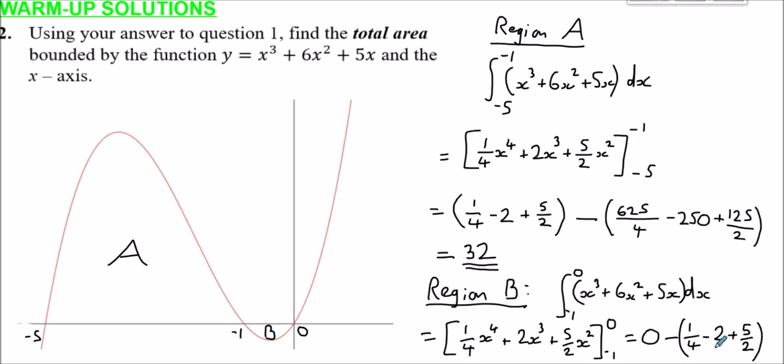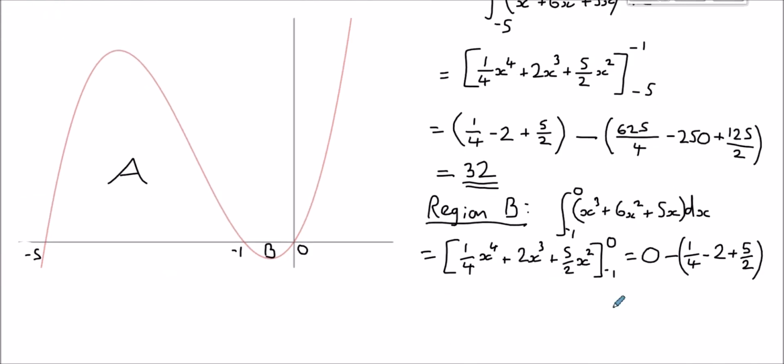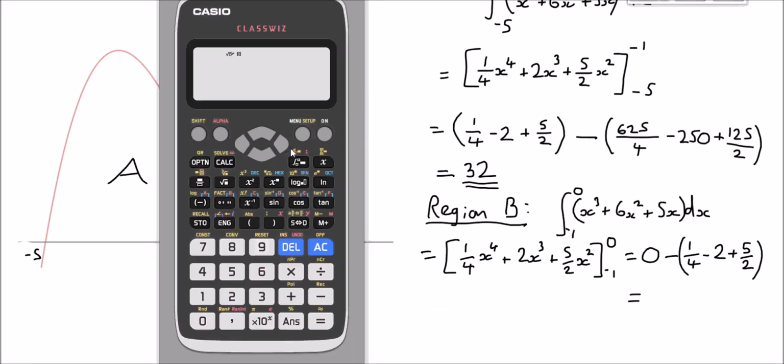So what's going to happen when you minus -3/4? That's going to give you, whoops, I might get myself confused. I'll just do it on a calculator rather than working my pea-sized brain too hard. So minus 1/4 minus 2 plus 5/2, close brackets.